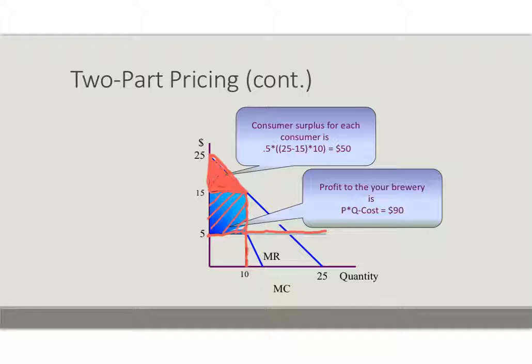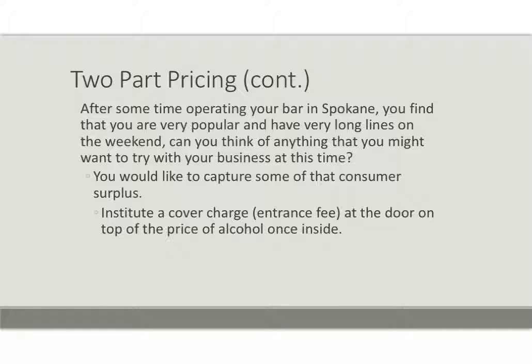So here's how that might look. Okay, so after some time operating your bar, you find that you're very popular and have long lines. What would happen if you put in a cover charge, an entrance fee at the door to get in? Let's say that the previous graph represented one person. If it represents one person, that person has $50 of consumer surplus.